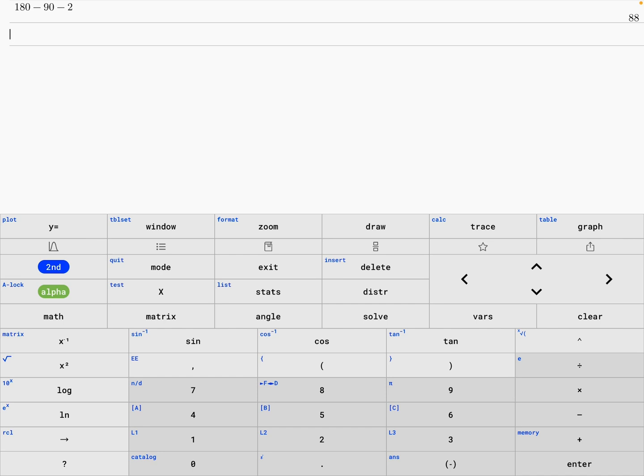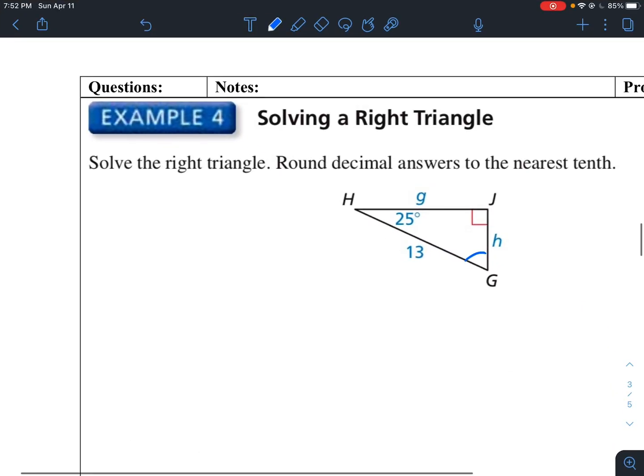I think I did something wrong. Oh, because I subtracted 2, not 25. So 180 subtract 90 subtract 25. There we go, 65 degrees. So the measure of angle G is equal to 65 degrees.